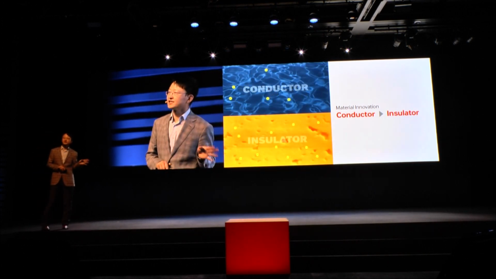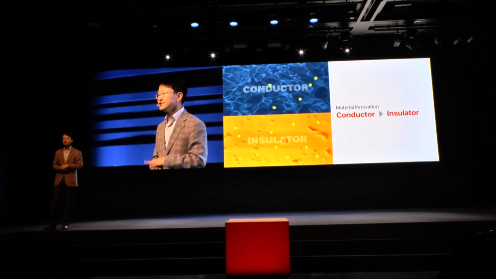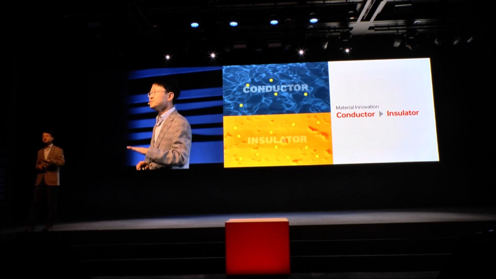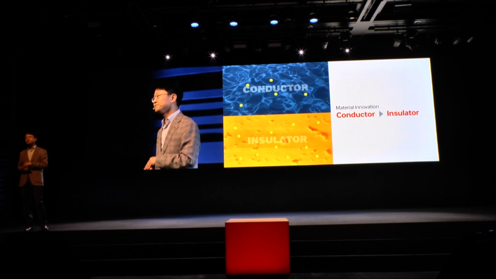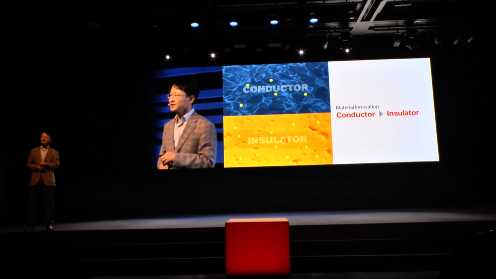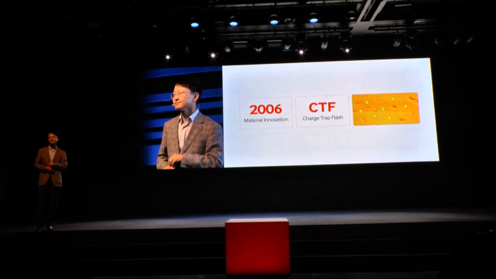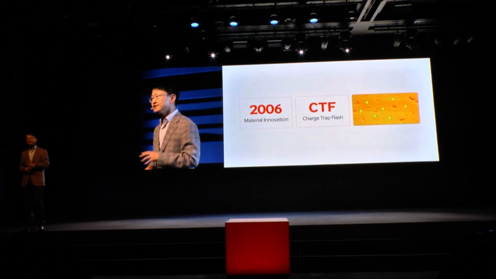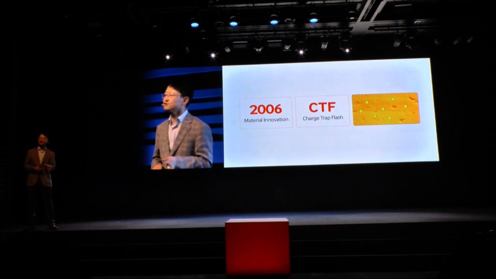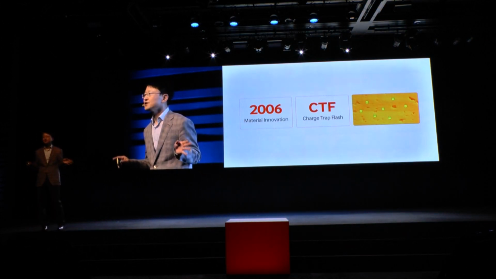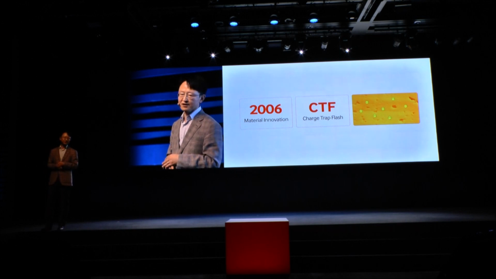Instead of using conductors, V-NAND requires insulators. Conductors are similar to liquids, and charge can move freely inside of them. Insulators are like solids, and charges cannot move very well. Samsung has been researching DCTF or charge-trap flash technology for a long time, and we were able to acquire the technology to commercialize it.